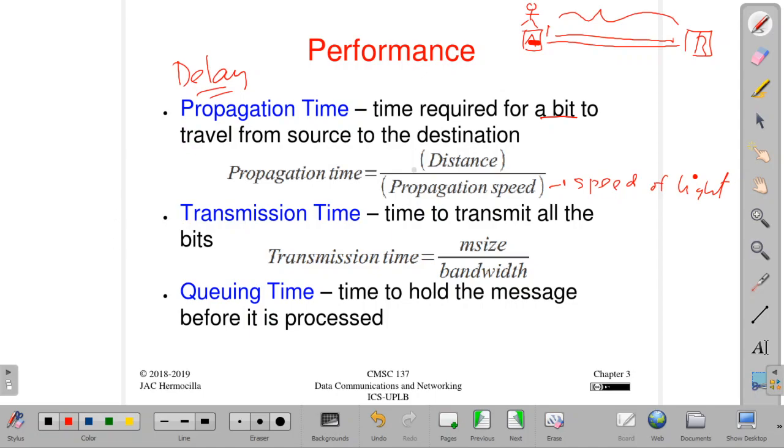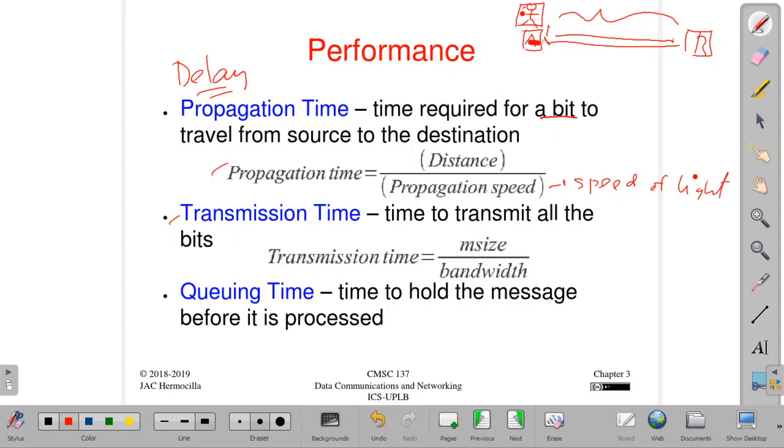So that's propagation time, and this is the formula. For the transmission time, it is the time to transmit all the bits. So how long does it take? This is your picture. It's composed of several bits. How long does it take to transmit all the bits of this picture to the link?